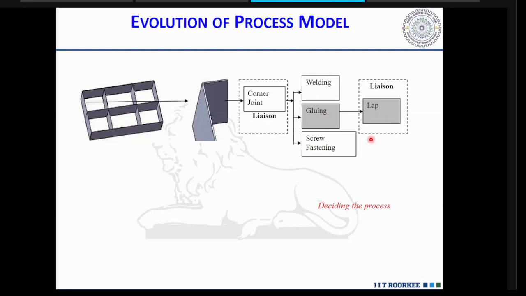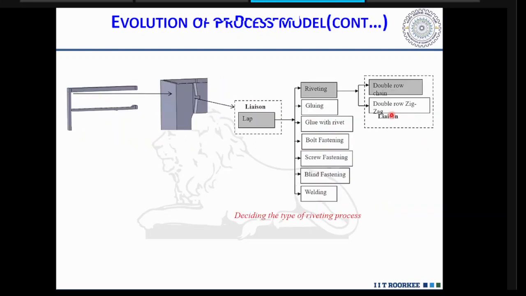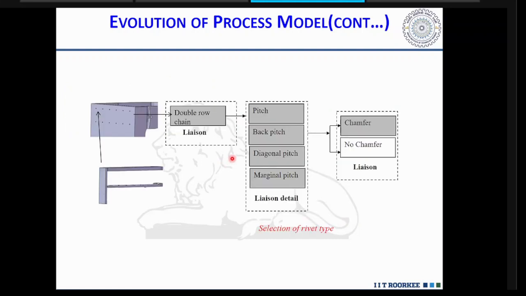Then some suggestions will come that gluing may not be feasible, or that there are some issues with it. Then you have to change the liaison to the lap, and again repeat this kind of thing.